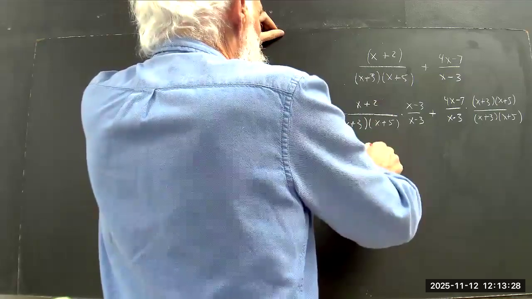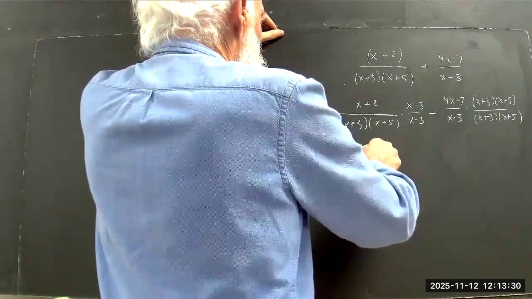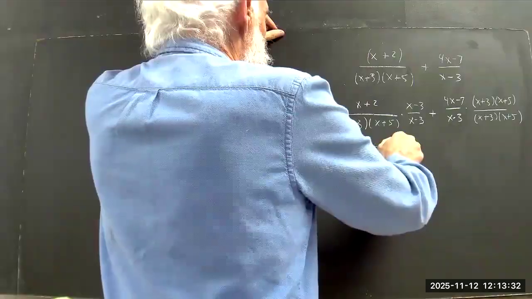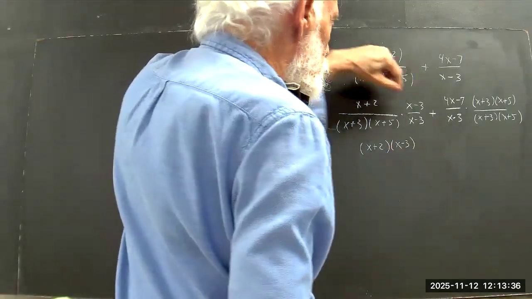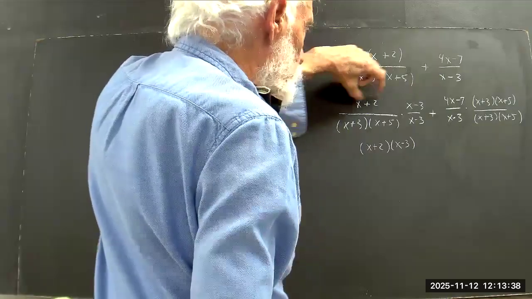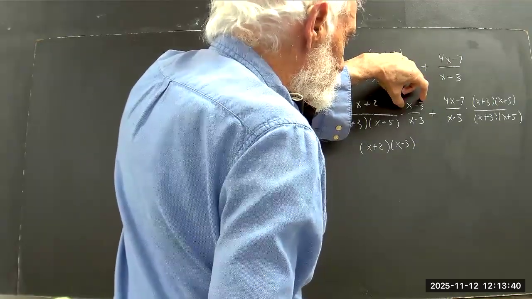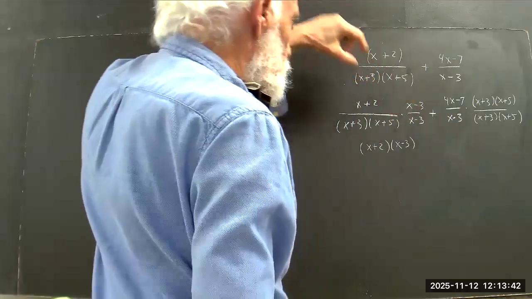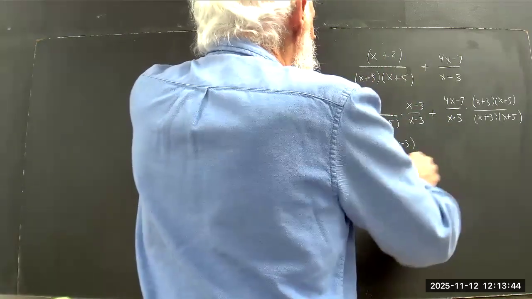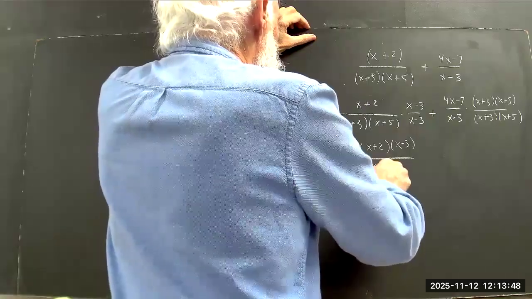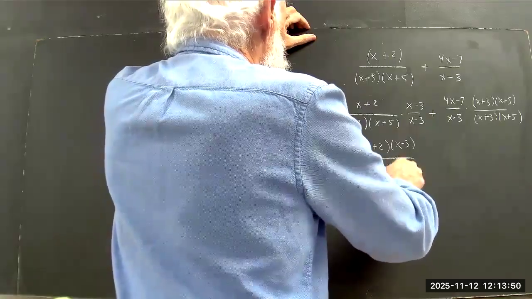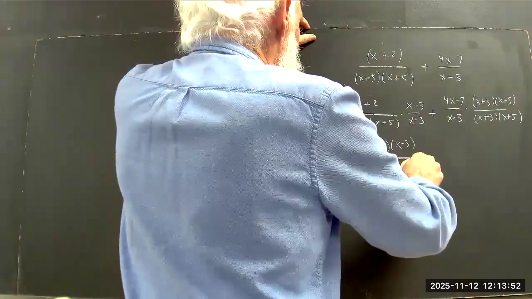And now we have, multiplying the numerators, x plus 2 times x minus 3, the numerator of the first fraction and the expression we just multiplied by, over x plus 3 times x plus 5 times x minus 3.